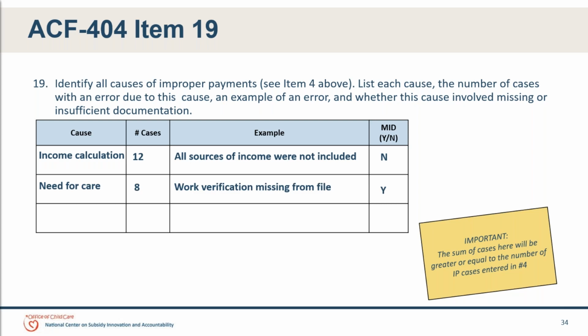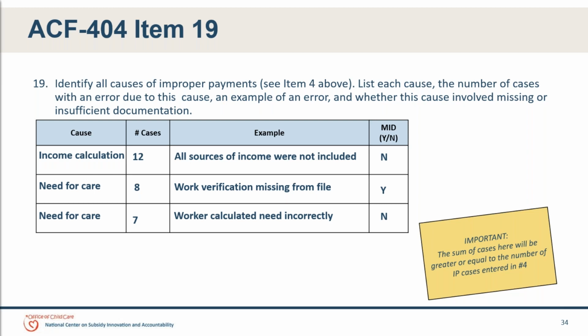Also, make sure you're not including any potential improper payment errors that were mitigated. And also make sure that you are separating out MID from non-MID. So let me show you an example. In the second row, I have need for care as a cause because work verification was missing from the file. That's a MID error. But we also sometimes see need for care as a non-MID error.